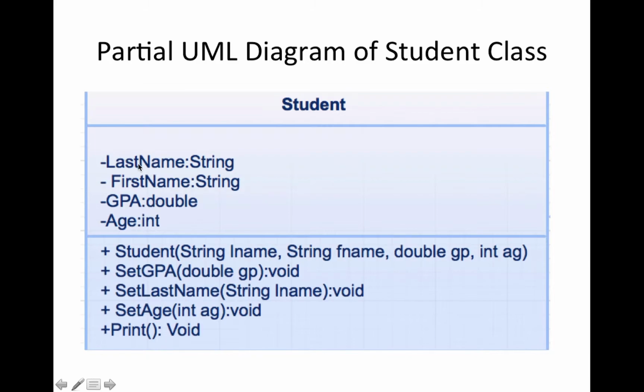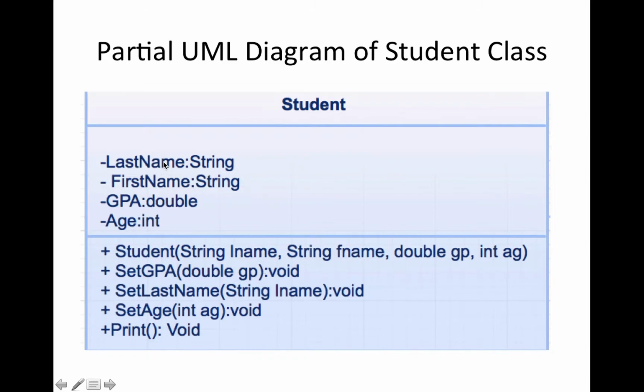It has the following fields, all private, minus means private. Last name is string type, first name is string type, GPA is double type, age is integer type. And then we have the constructor. These strings LName and FName are passed as last name and first name.